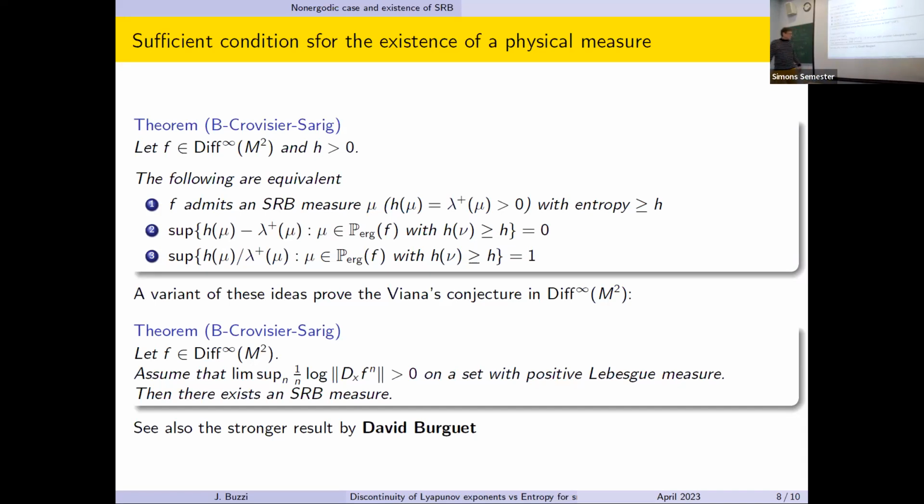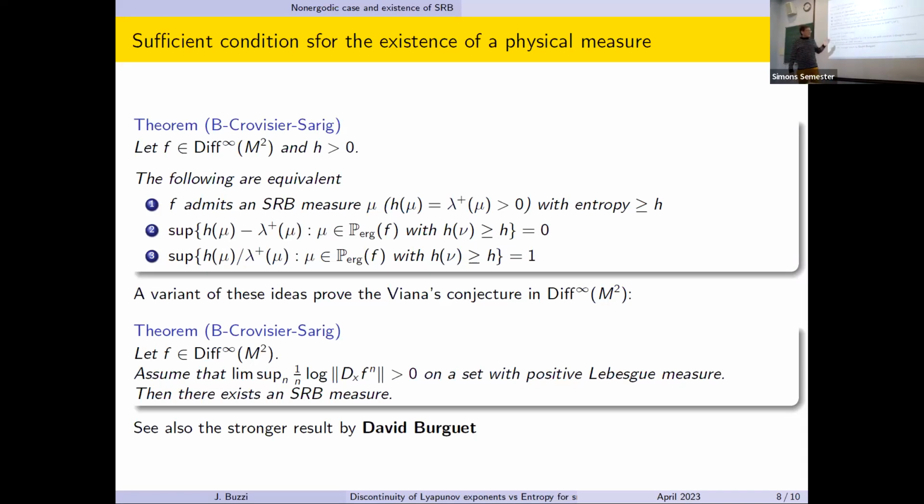What does the proof look like? This assumption gives you a set of positive Lebesgue measure where you have expansion. Doing some Fubini argument, you can see that there is a curve where you see a positive length of points such that you extend tangent to the curve with a positive exponent.